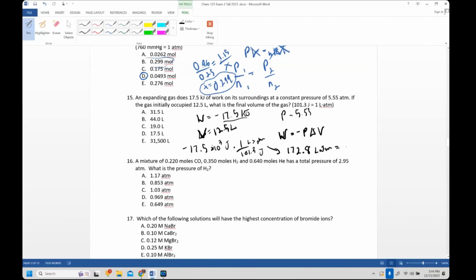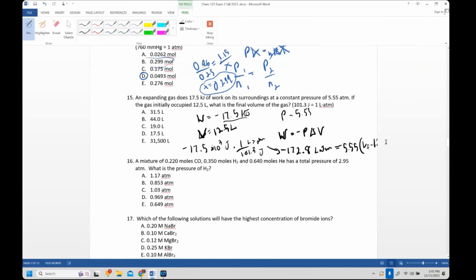Now this is negative, of course, so negative equals negative P delta V. So negative 5.55 times delta V, which is final minus initial. The final volume we don't know. So V final minus V initial, which is 12.5.